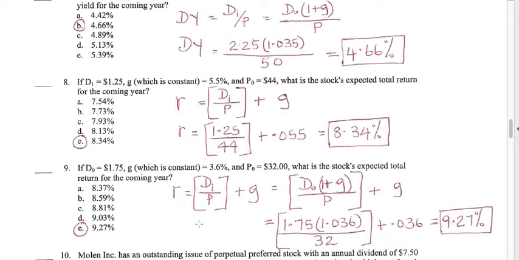Take note, because you're given D0, you need to multiply it by 1 plus g over the price plus g. So in this case, because we have D0, you multiply it by 1.036 divided by the price plus 0.036, which is 9.27%.